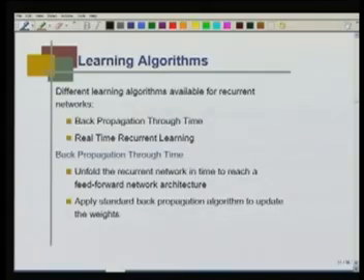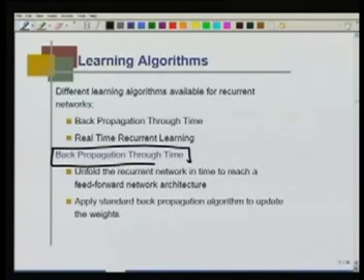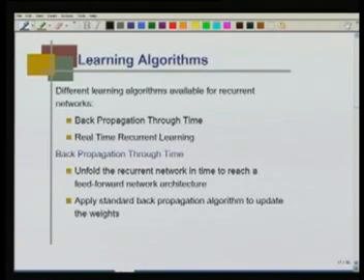But in this course I will only take up these two learning algorithms: backpropagation through time, which is an offline, and real time recurrent learning, which is an online learning algorithm. So today this lecture will focus on backpropagation through time. In backpropagation through time, we unfold a recurrent network in time to reach a feed-forward network architecture. So what is that unfolding?